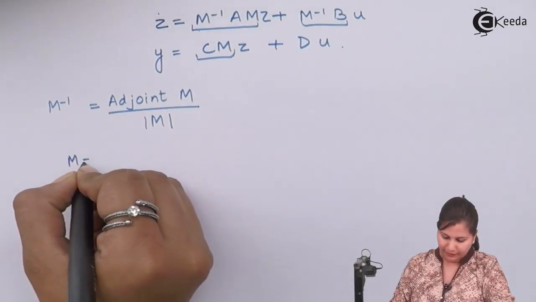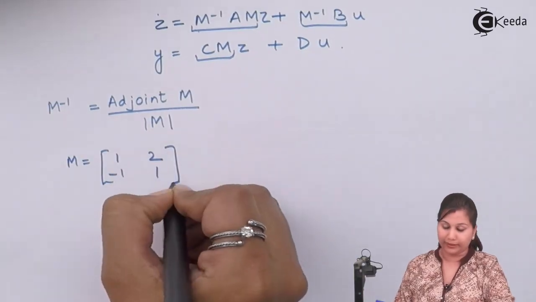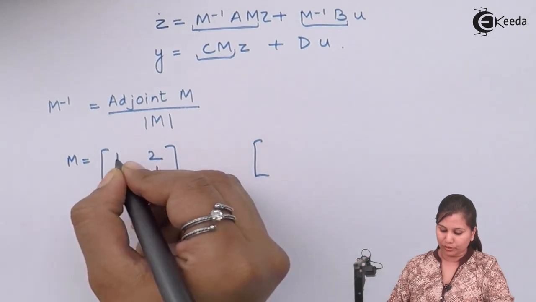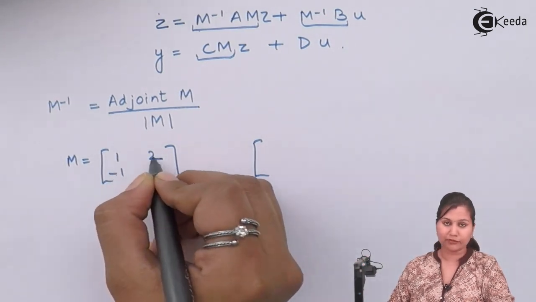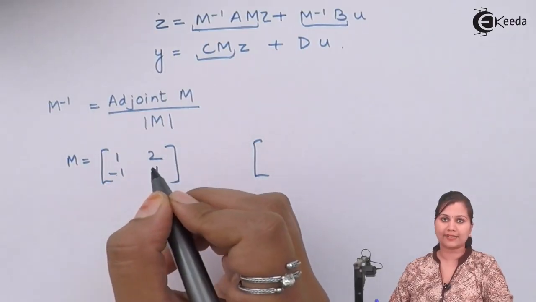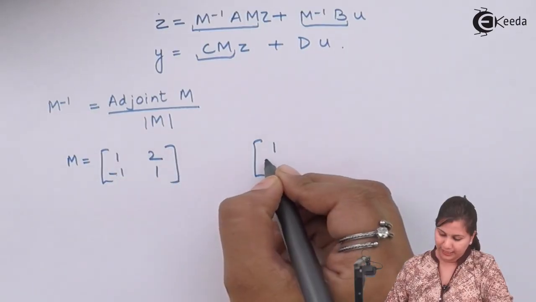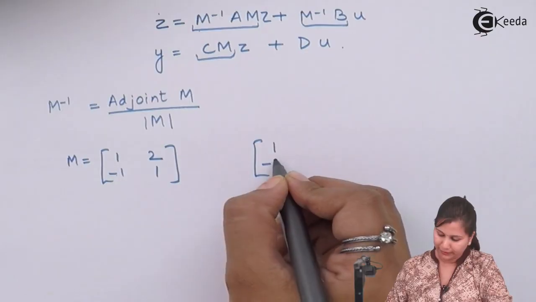M matrix we have calculated, it is 1, 2, minus 1 and 1. Now cofactors of M will be, these two elements will be as it is and these two elements will be interchanged and their signs are also changed. So 1, 2 will come this side and because it is positive 2 plus 2, it will become minus 2.